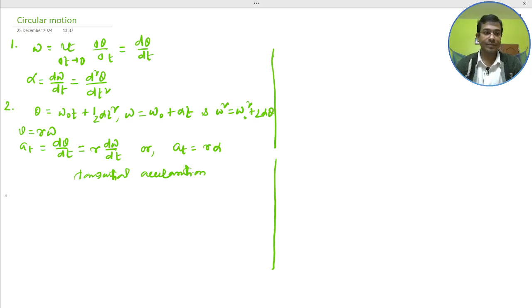So the third one is uniform circular motion, radial or centripetal acceleration. Centripetal acceleration AR is equal to omega square r, which is also written as v square by r. Omega square r is equal to v square by r.